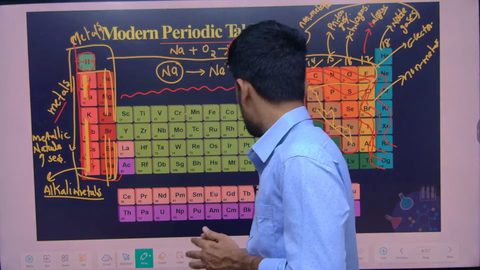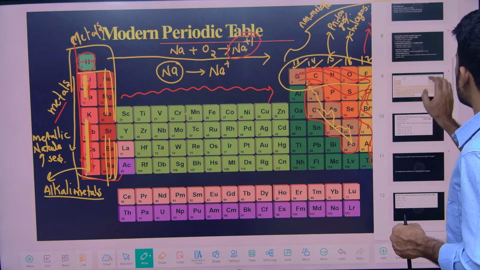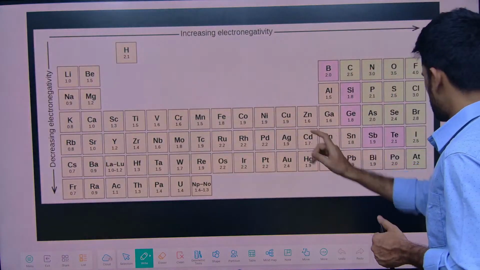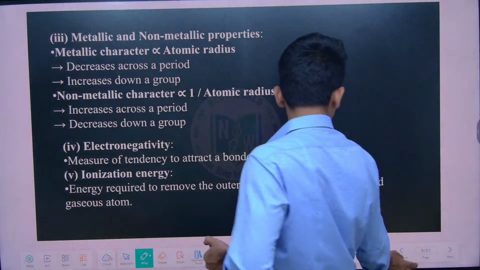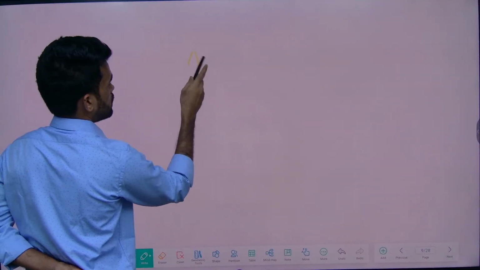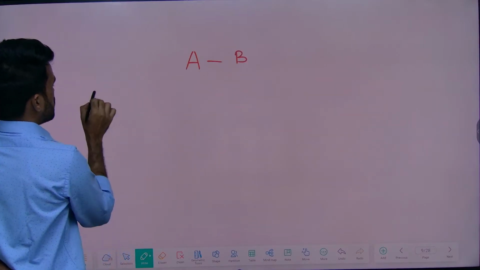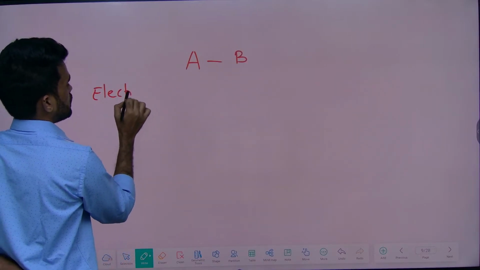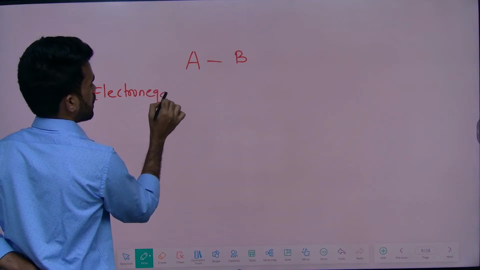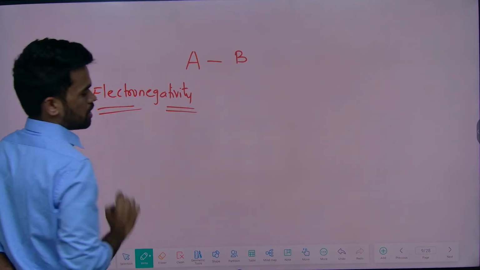So what do we mean by electronegativity or electronegative? I will tell you, just listen to me here. Before giving you this, there is a bond, let us say A, B are the two elements. So what I am explaining now? Electronegativity. What do we mean by electronegativity?